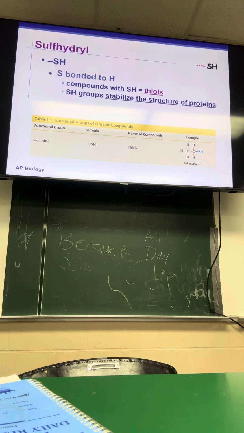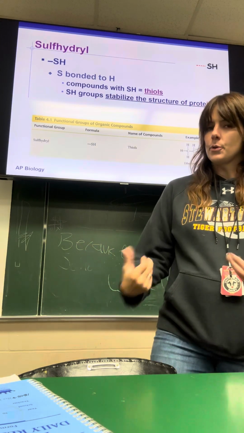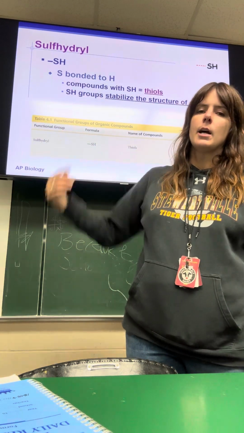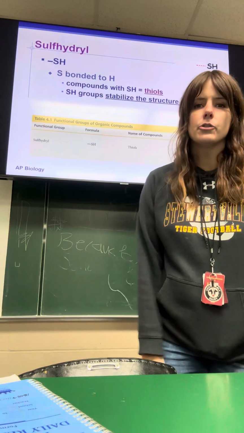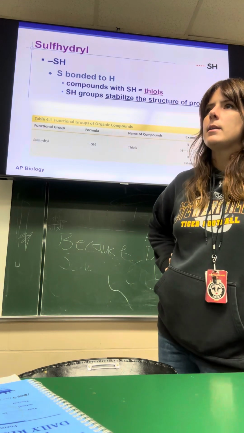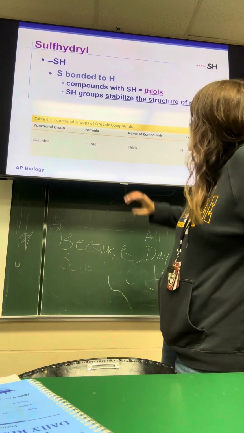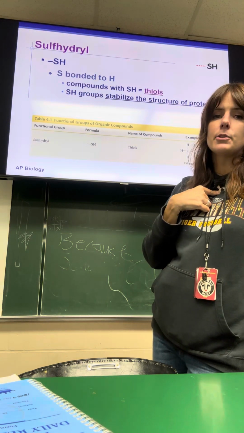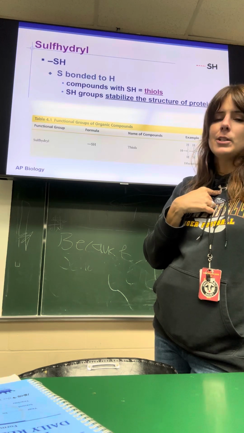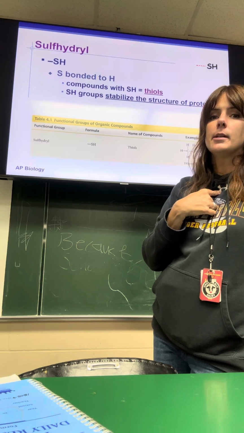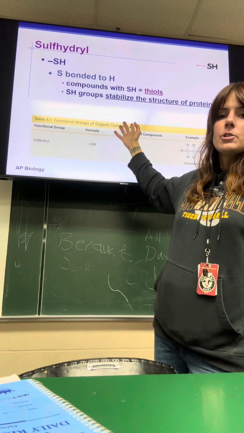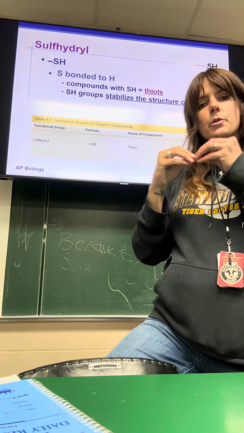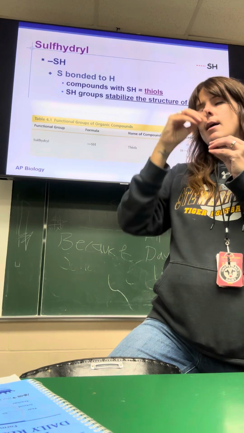Okay, so then we have sulfhydryl. This is the only one with sulfur in it. It's sulfur, hydrogen, SH, sulfhydryl. And the big thing here is that we have these things called disulfide bridges. Not that you need to write that in your notes now, but you'll hear about them later. It uses the sulfhydryl group to hold the structure of a protein.